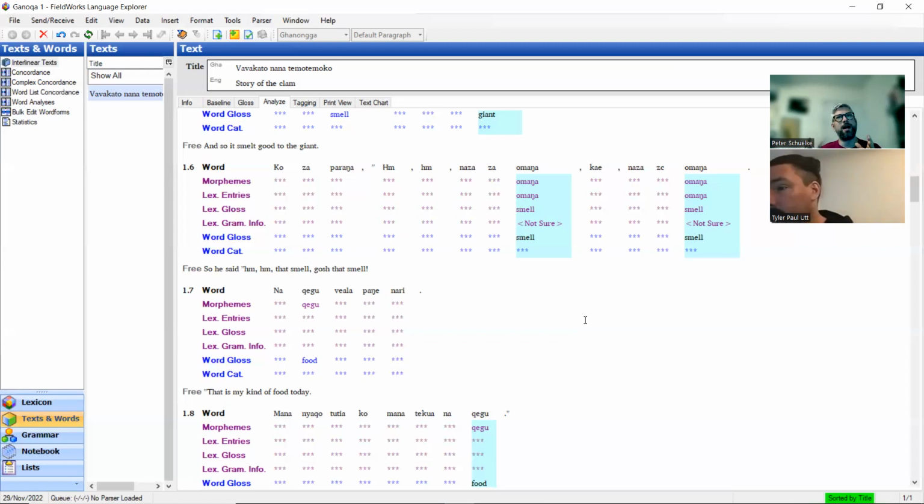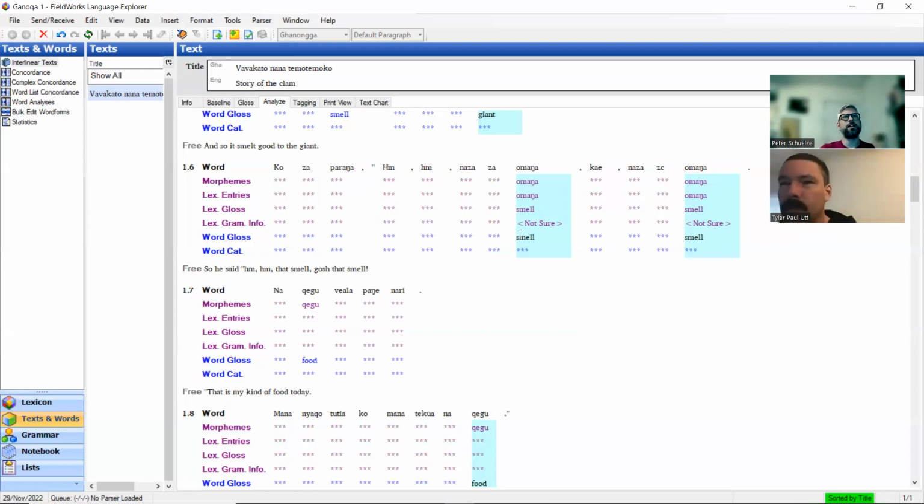So if omang was the root, we would expect the stress to be omang, right? That is what we should predict. Yet we're saying it omanga. And I bet that it is said that way because the echo vowel may not be, I don't know if it's active. Maybe that was active 1,000 years ago. I don't know if that's active today or not, and whether that's part of the stress calculus or not.